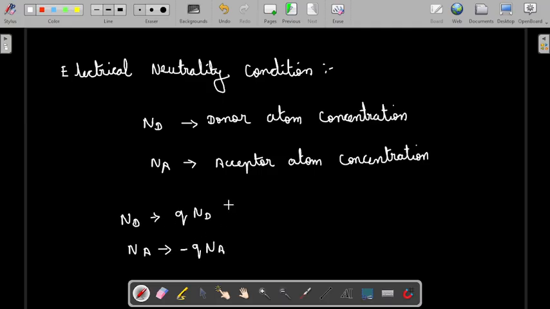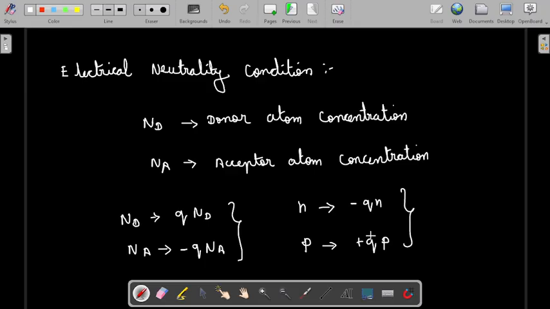So this is the charge neutrality for these two. Normal n can be charge neutralized as minus Q into n. This is some reference value. We already discussed one reference in diffusion, right? So this is the second reference. Make a note of it. Here the reference value will vary for Na and n alone. So here that will be plus Q into P. This is the charge neutrality for P and Q.